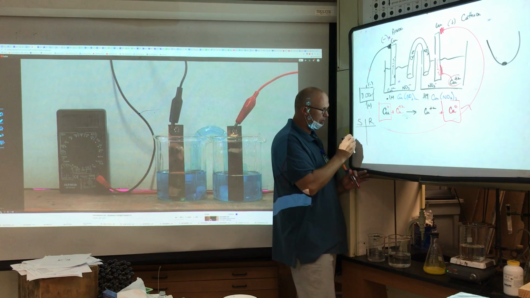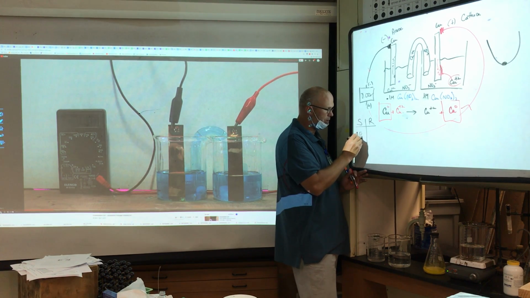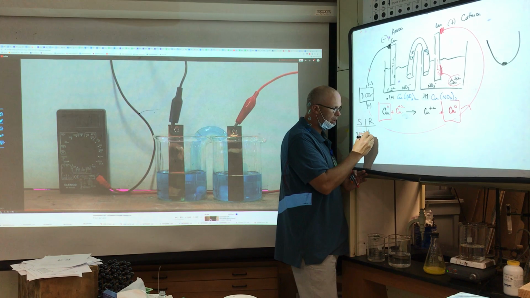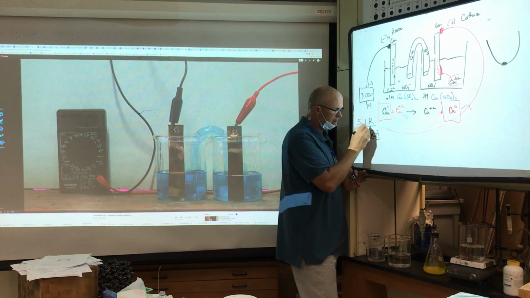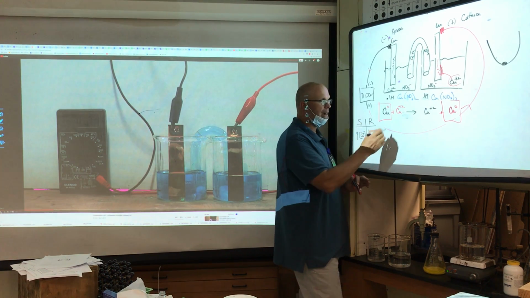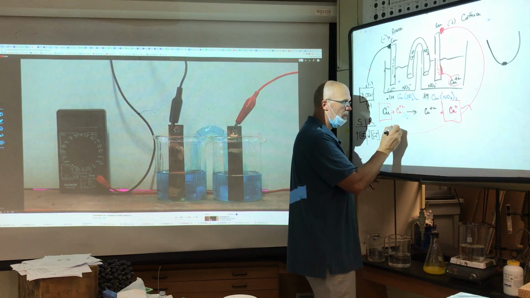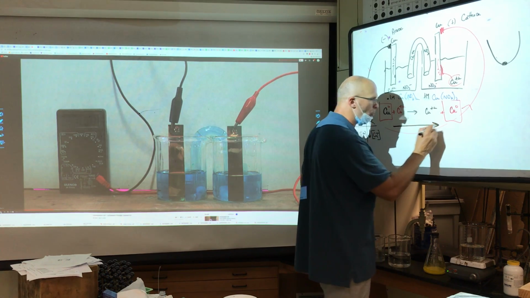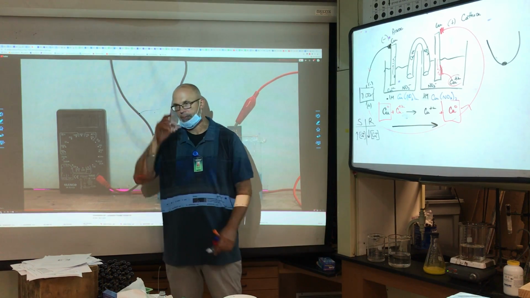Because if I increase copper plus 2 concentration, the reaction is going to shift to lower copper plus 2. This is the response. So if I increase this, the reaction will shift and make the forward reaction more spontaneous. Okay?